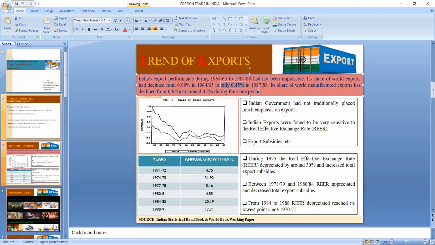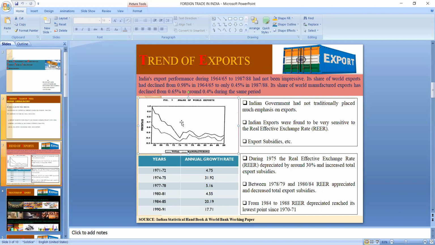Its share of world manufactured exports has declined from 0.65% to around 0.4% during the same period. So both the total exports and the manufacturing exports had not performed well during this period.